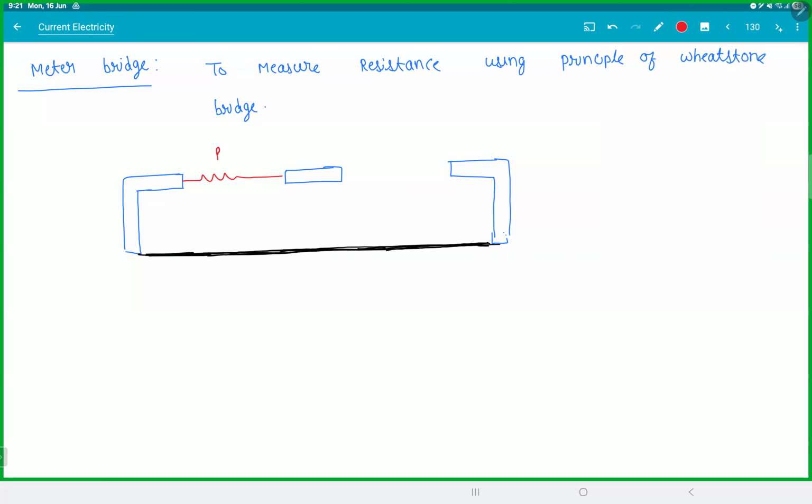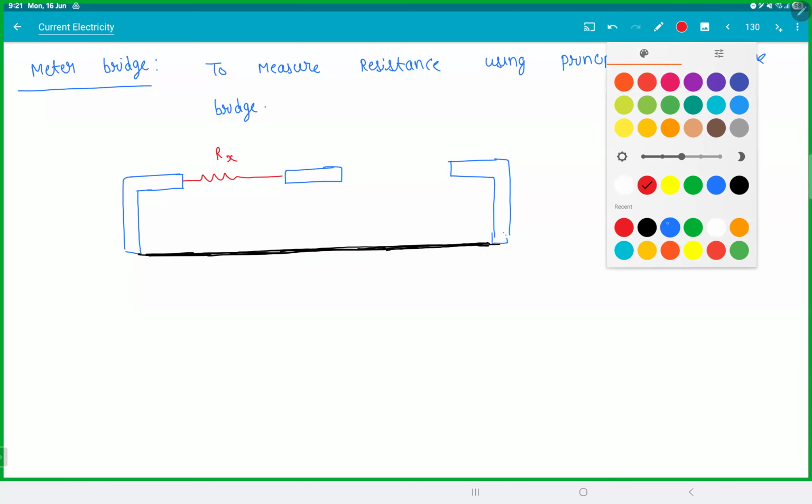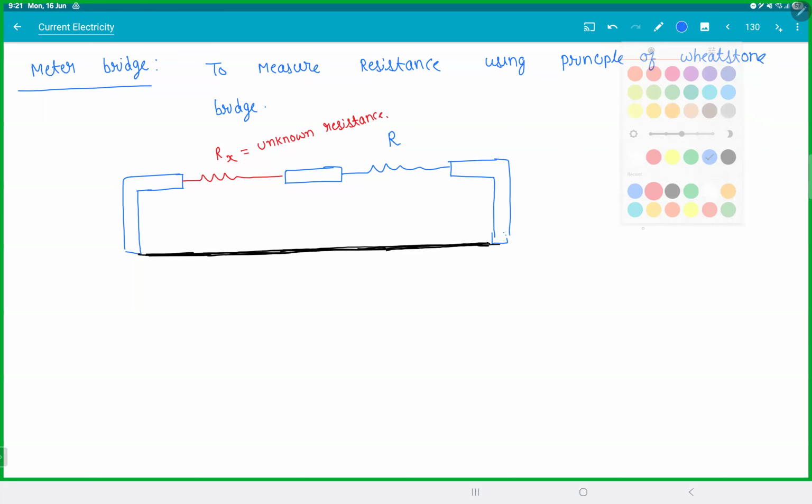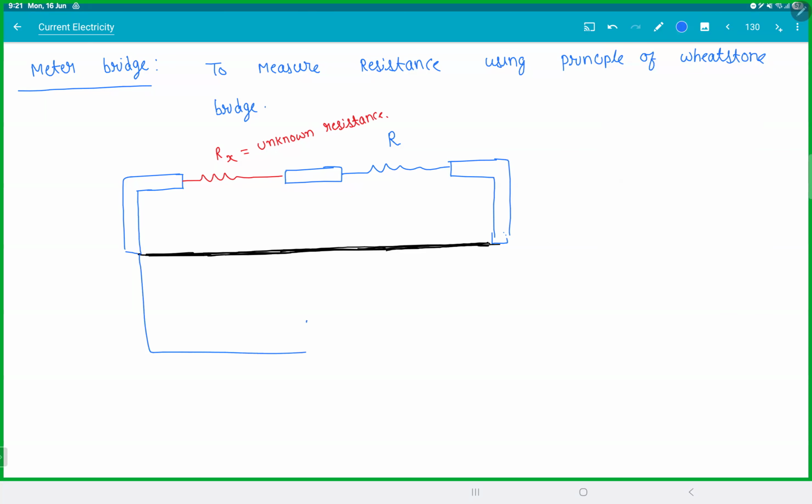So we have an unknown resistance here, Rx. And we have a known resistance, R. So you want to find Rx. Battery is connected here.